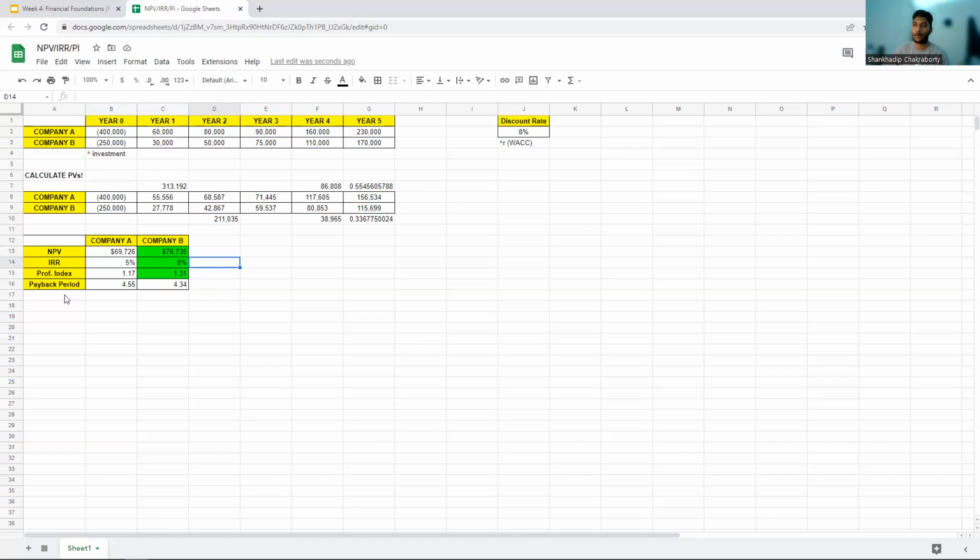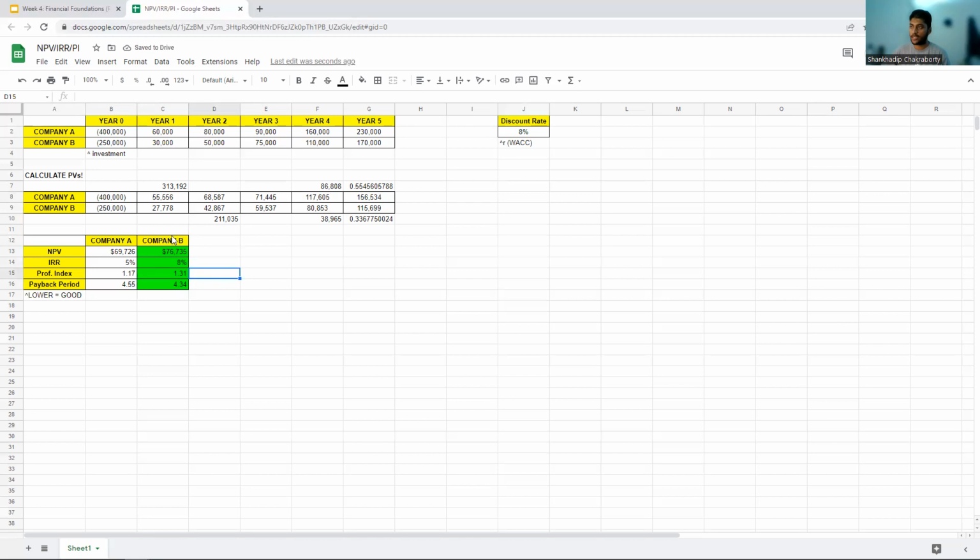Now remember, payback period, we want to be lower because the less time it takes for the investors to get their money back, the better. We don't want more time spent on investors getting their money back. We want that 4.34 compared to the 4.55 because it takes less time for the investors to get their return on this project. So this one's also going to go in green.